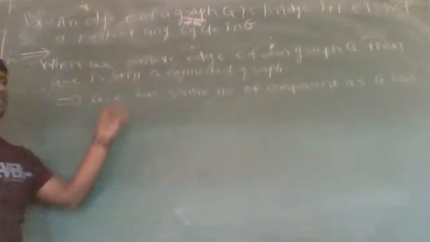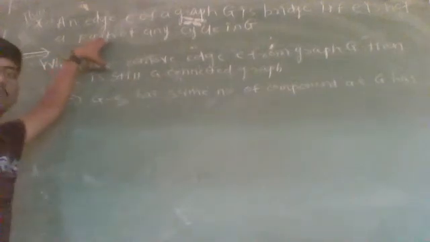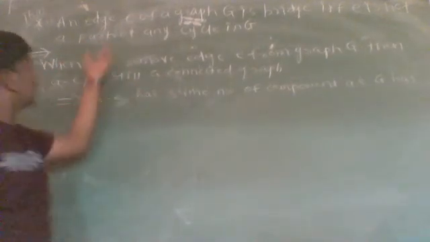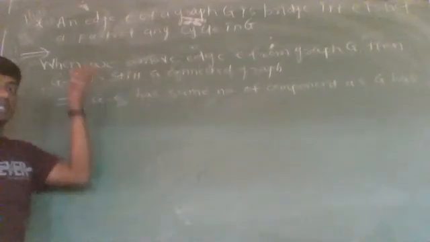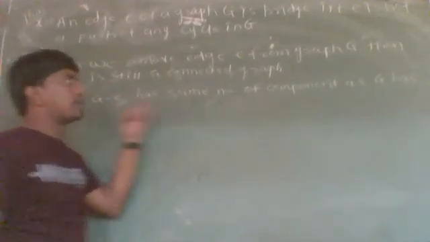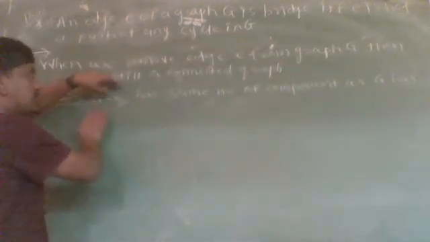As the number of components in G and G minus E are the same, this is a contradiction to our definition of bridge. Since E is a bridge, the subgraph G minus E has one more connected component than the graph G has. But here the number of components is the same, so we get a contradiction.